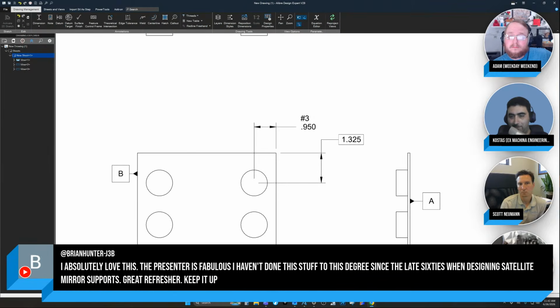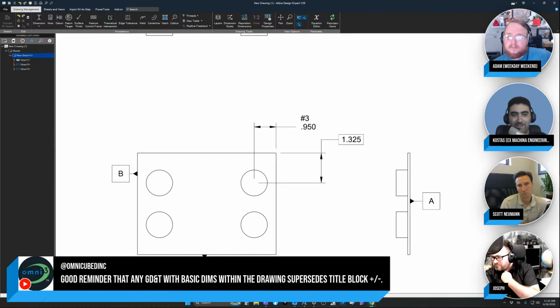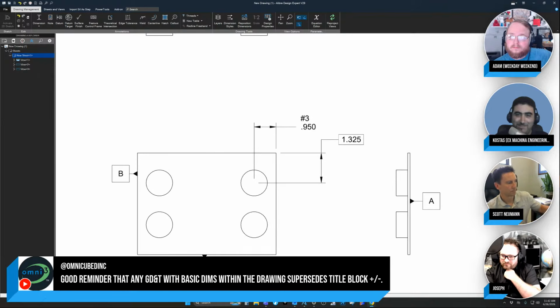OmniCube just made a very important comment here. Most CAD systems have a disclaimer in their drawing template, that unless otherwise specified, all dimensions are plus or minus this or that.